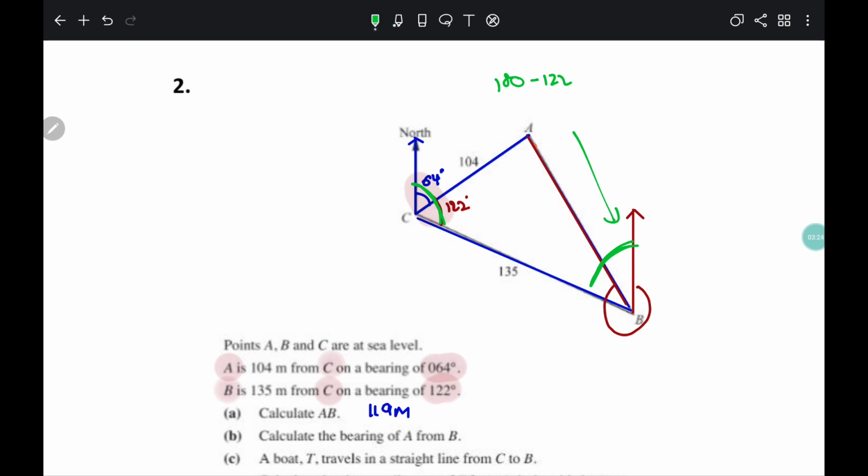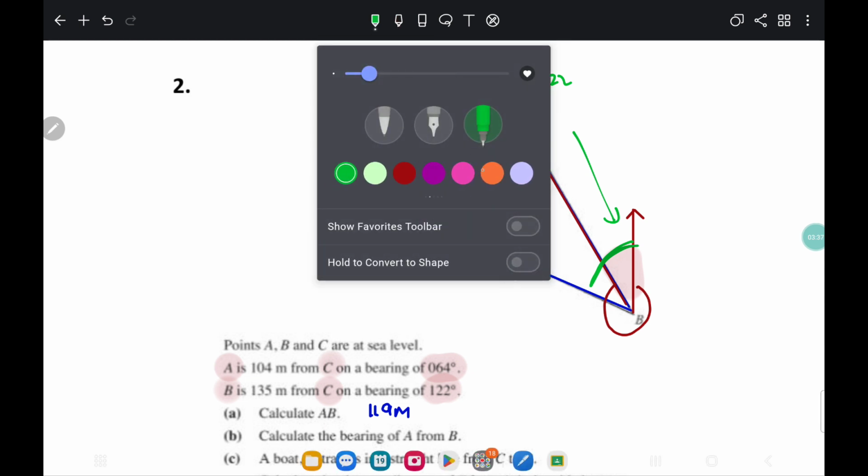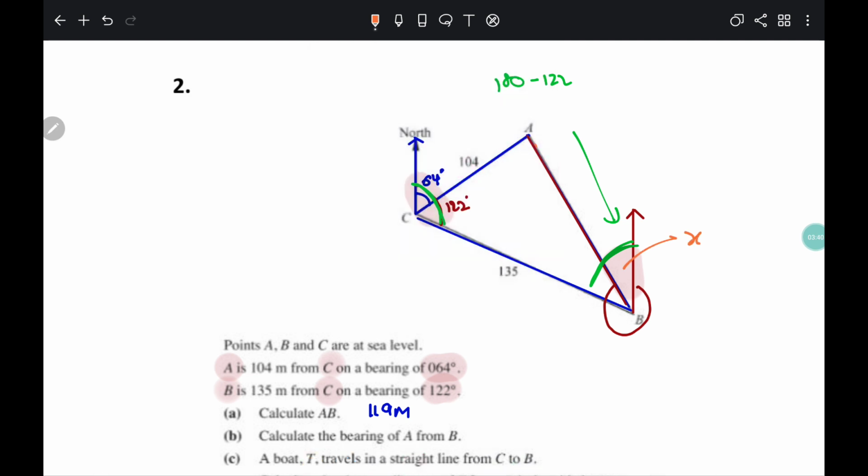But the challenge is, you are supposed to calculate this small portion here. Let me label that as X. If you're able to get X, 180 minus X will be the bearing. The problem is the green part contains X and this extra angle that you do not want, angle ABC.